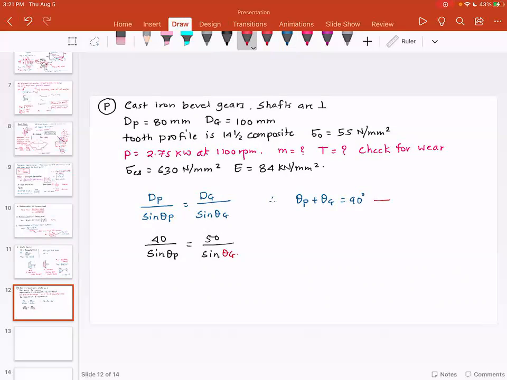So we have equation 1 and we have equation 2. From these two equations, actually I made a mistake, this is not sine, this is cosine.